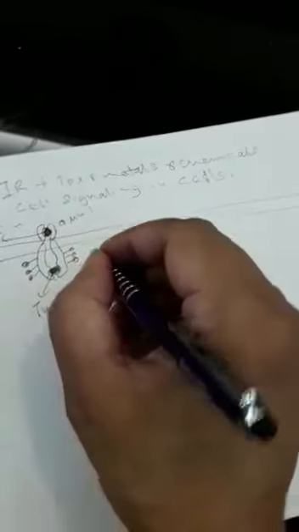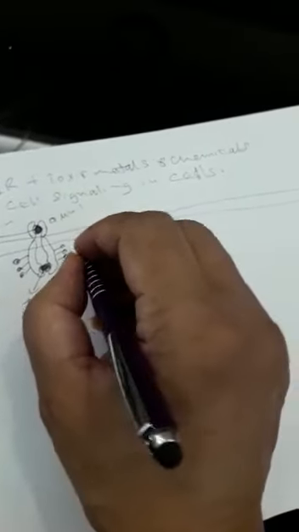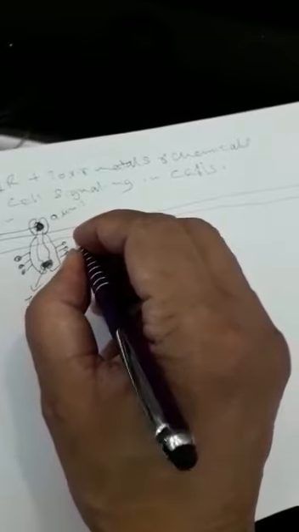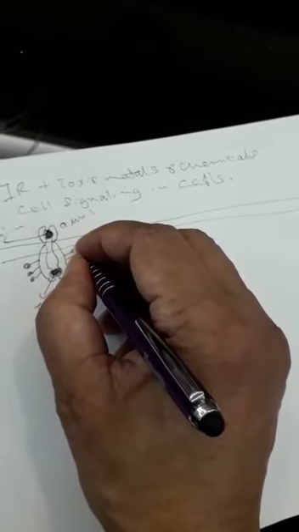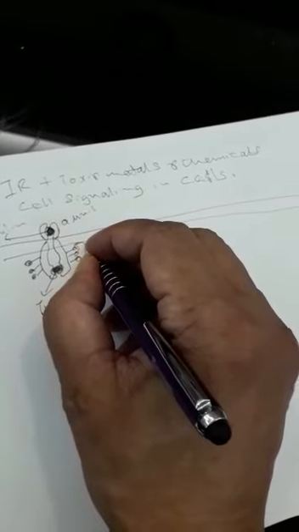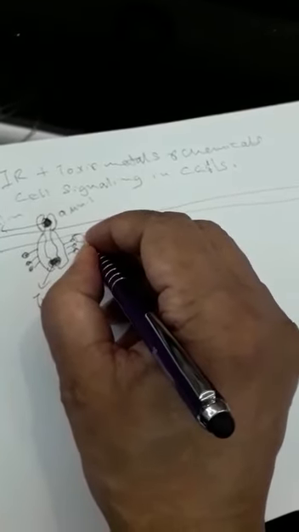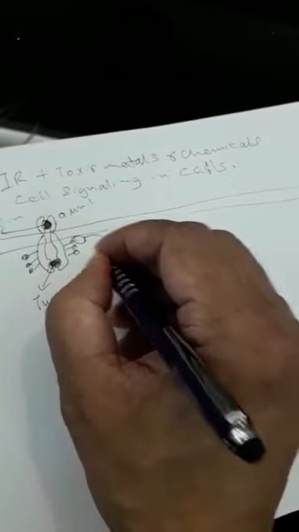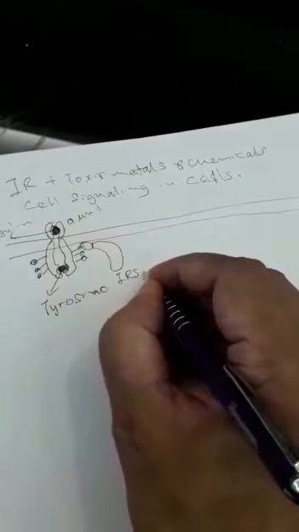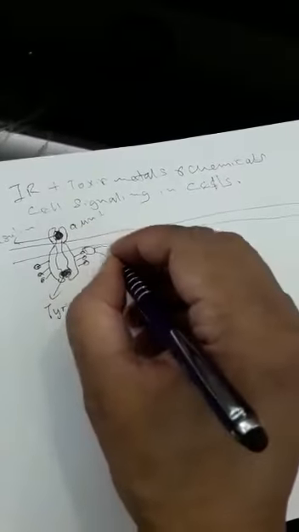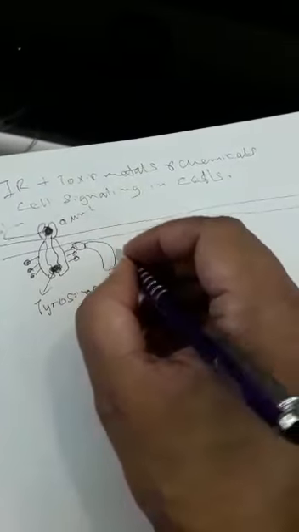Once this occurs, we have the next complex called IRS. Okay, the IRS1 complex comes in here.